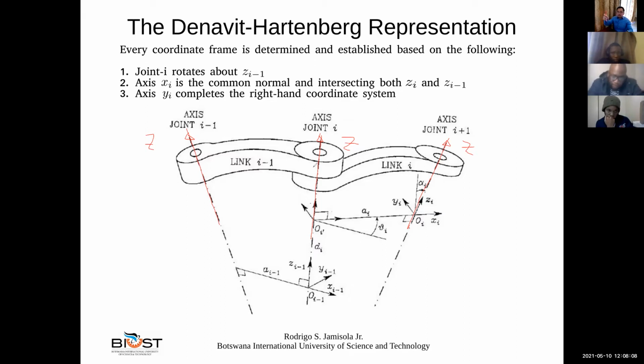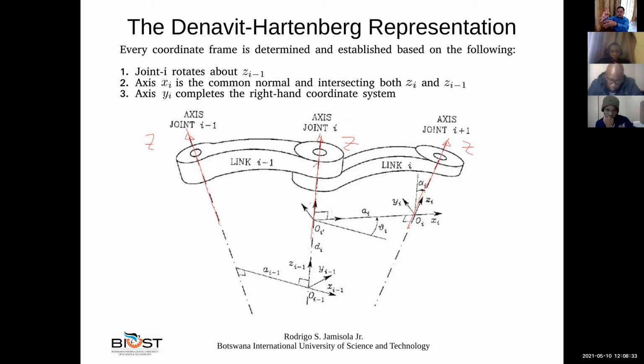Previously I said this joint rotates like that, but no, the joint here rotates about this axis. It doesn't matter the length. The joint here rotates about that axis.